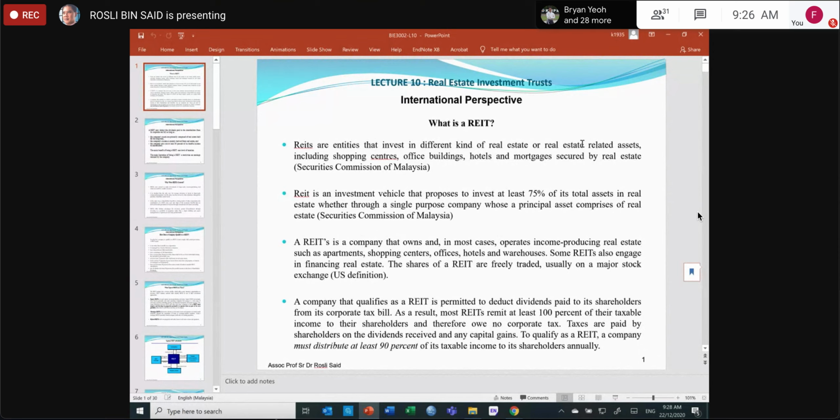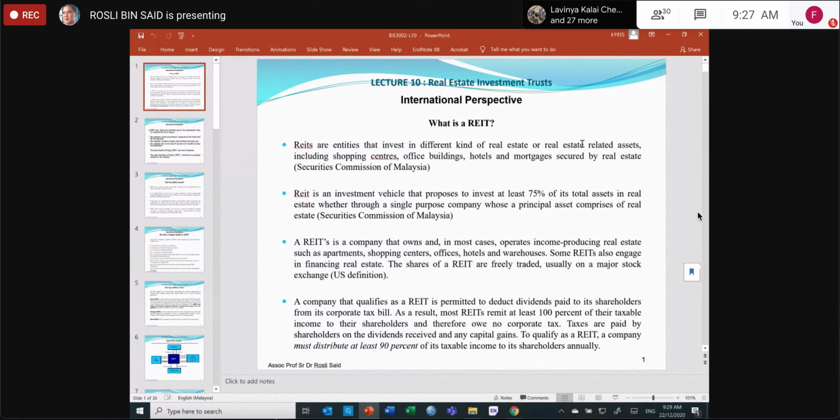We purchase through a broker, just like a unit trust, as I mentioned before. We approach a broker, and the broker will buy for us. The broker will try to find the best REITs available in the market, and then we just purchase through them. Basically, we invest our money with that particular company.